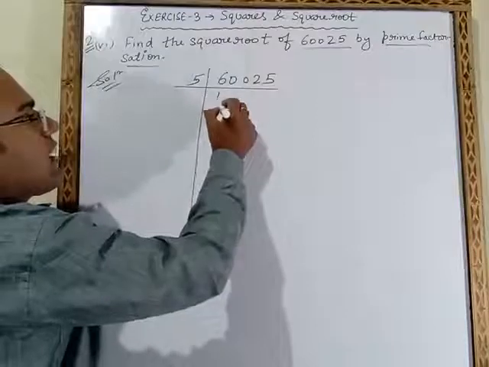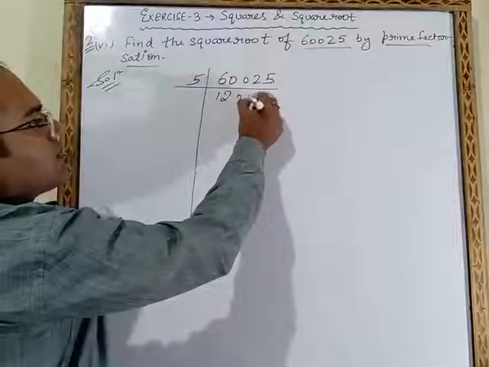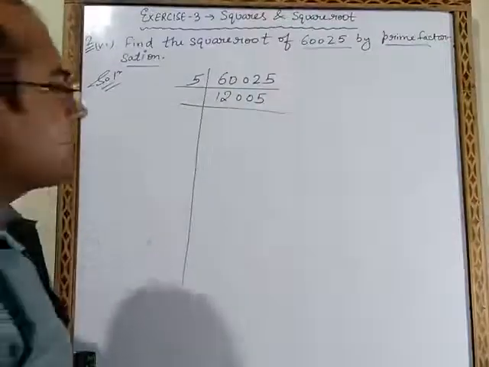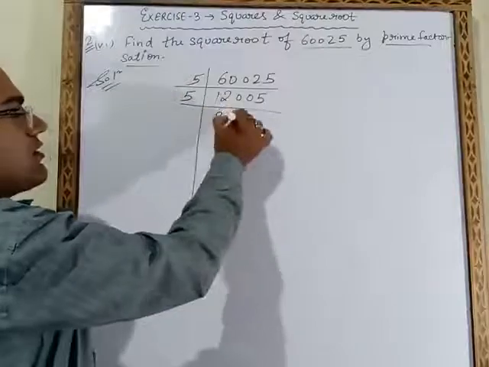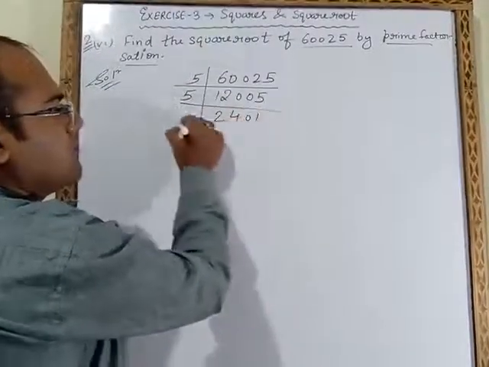5 1s are 5, remainder 1. 5 2s are 10, 0. Then one more 0, 5 5s are 25. Now again we have to divide it by 5. 5 2s are 10, remainder 2. 5 4s are 20, 0 and 1.